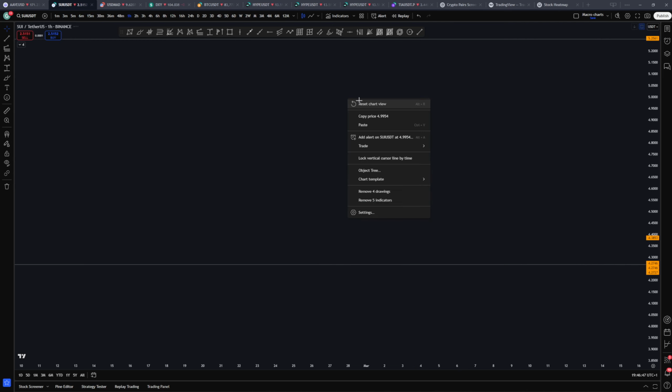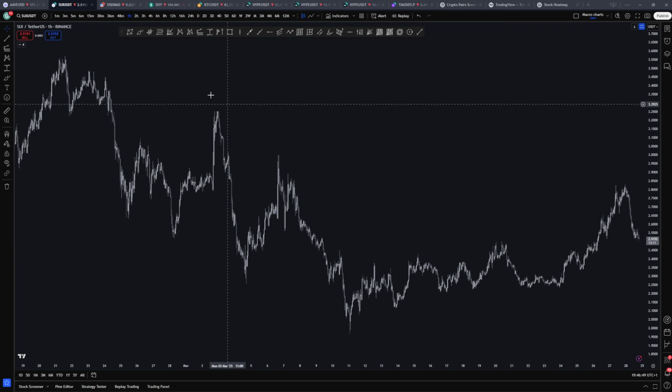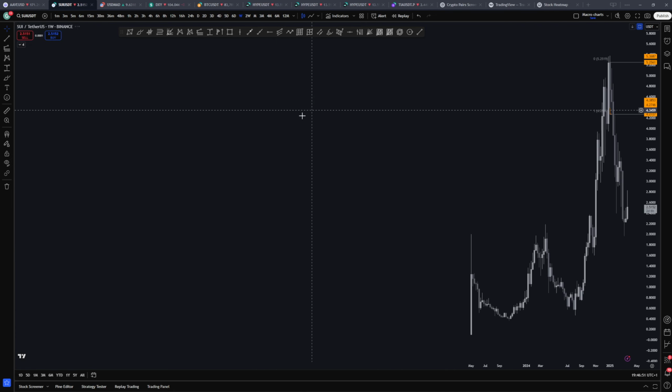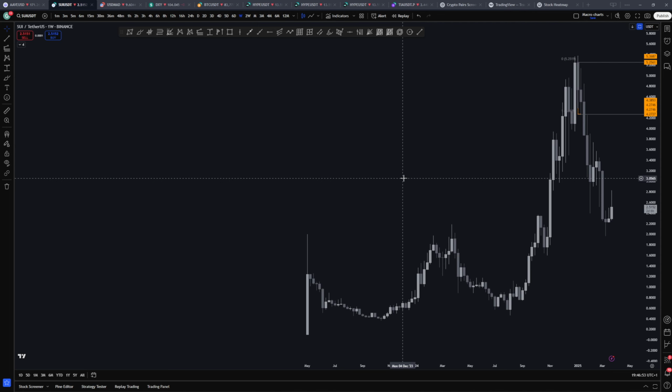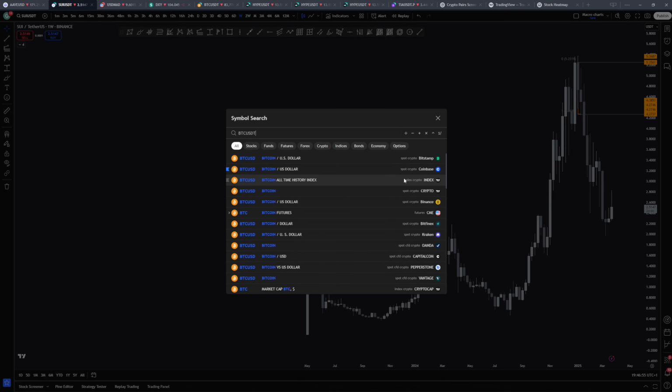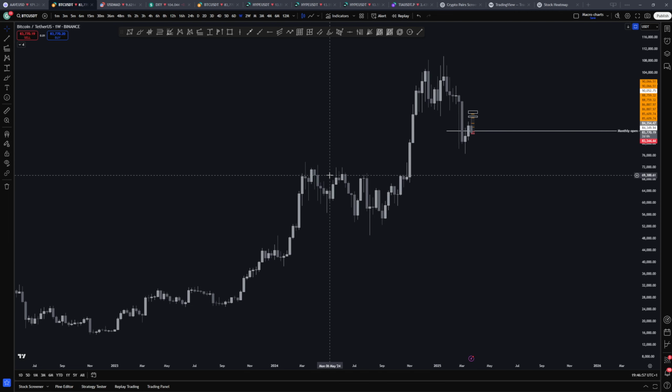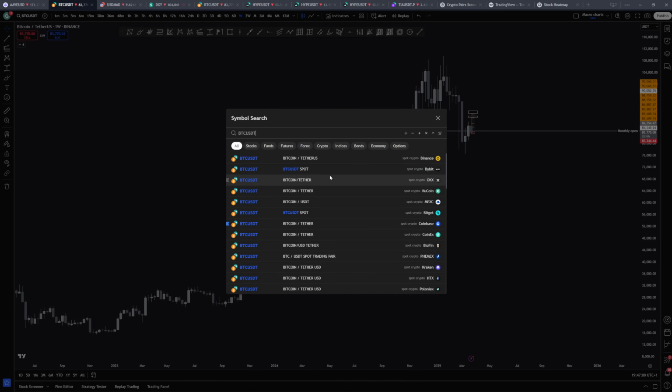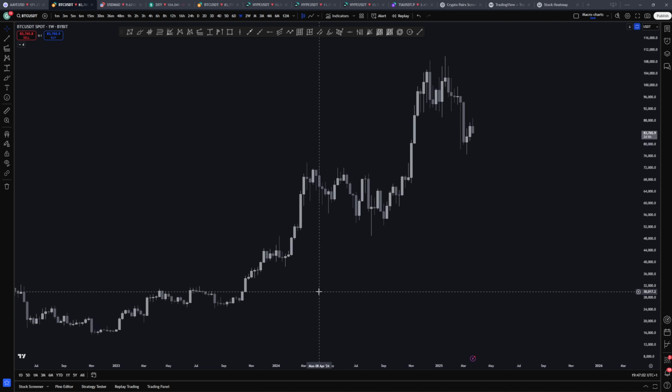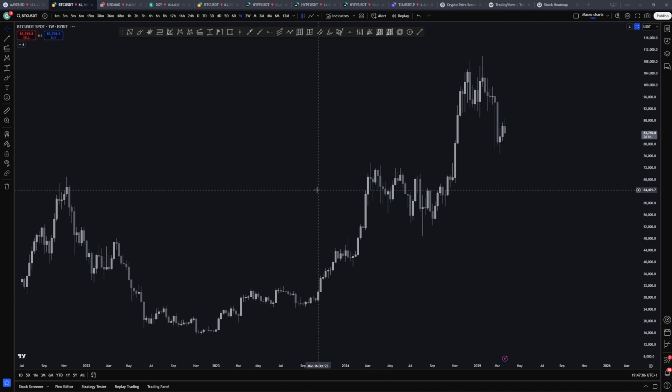The second one is for general direction. And what I mean by that is, let's go to a very high time frame. Let's go on to BTC. Is this chart empty? Not really. Is this chart empty? Yes. Let's get over to a higher time frame and use it as more of a trade confluence than as an actual trade idea.